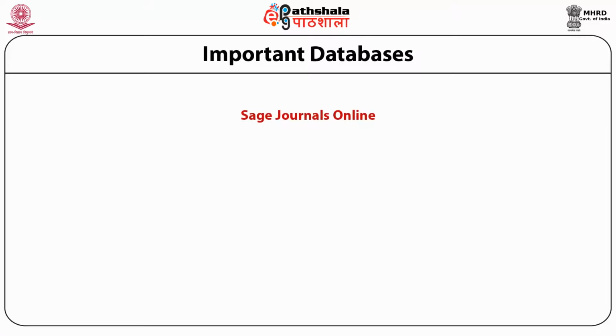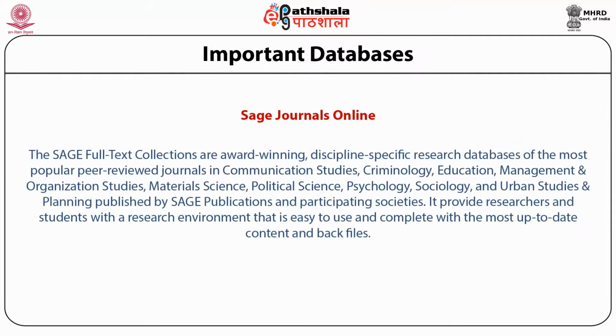Sage Journals Online. Sage Journals Online is considered one of the most prestigious online databases for social scientists. The Sage full-text collections are award-winning, discipline-specific research databases of the most popular peer-reviewed journals in communication studies, criminology, education, management and organization studies, material science, political science, psychology, sociology, and urban studies and planning, published by Sage Publications and participating societies.